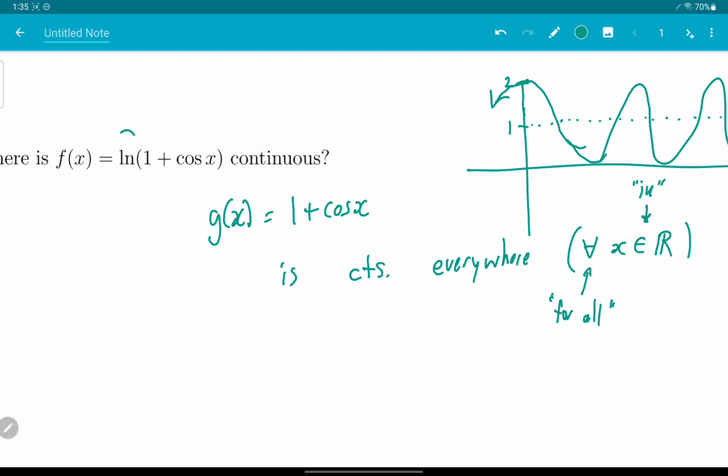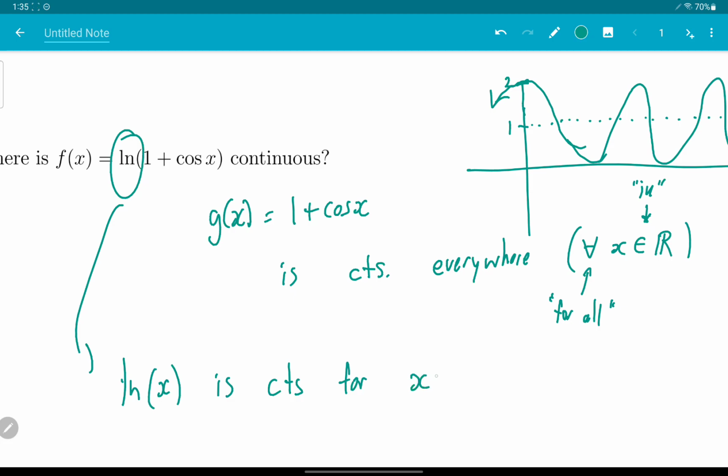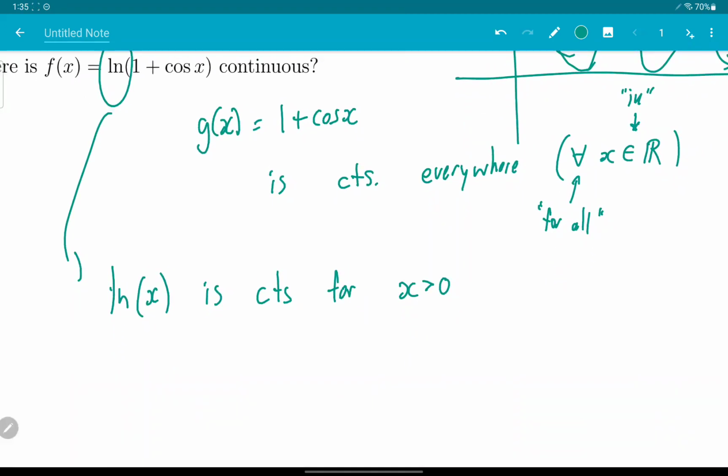But what about the outside function? If I have ln of x, this ln of x function is continuous for x bigger than 0. Because, well, I have the graph of ln memorized. It goes through the point 1, 0, and it does this thing like this.